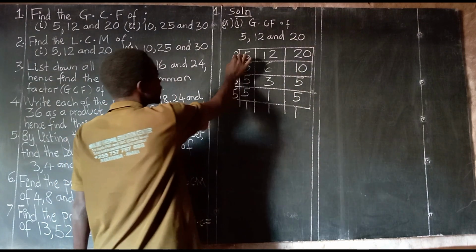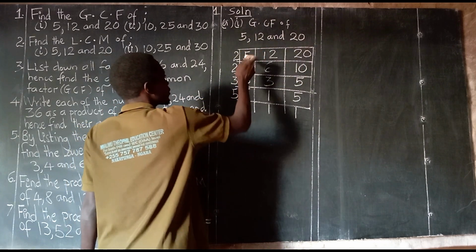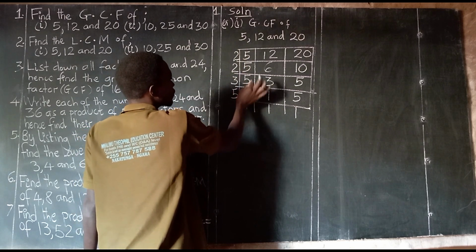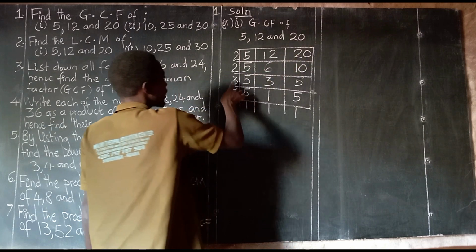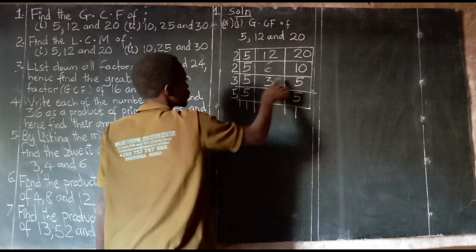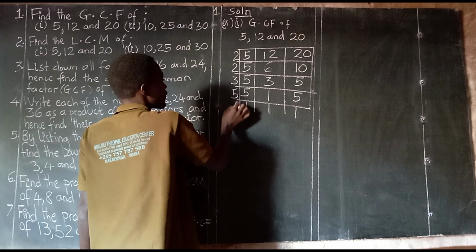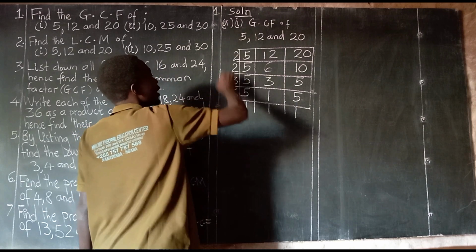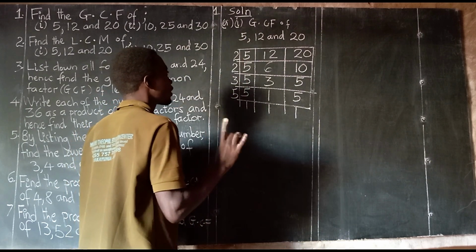The first prime factor 2 has divided only 12 and 20, but it has failed to divide 5. The second prime factor 2 has failed to divide 5, though it has divided 6 and 10. The third factor 3 has failed to divide 5 and 5, so it has only divided 3. The fourth factor 5 has only divided 5 and 5, so it has failed to divide 1. So there is no prime factor which has divided all the three numbers.